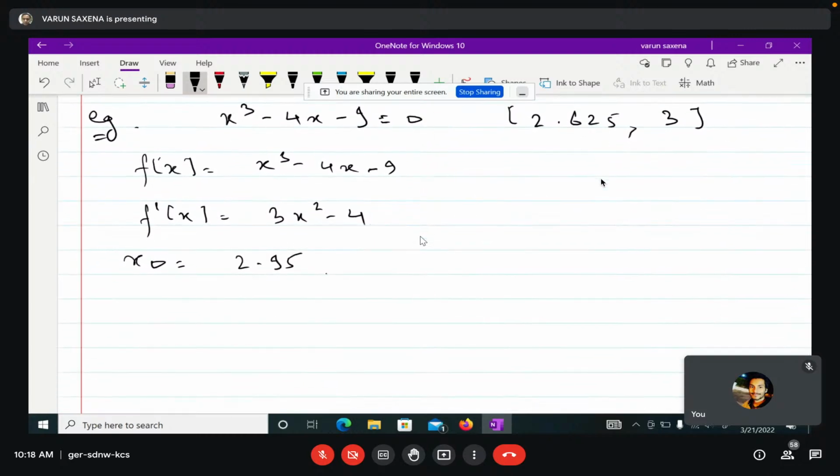If I choose this, then what is f(2.9), the value of the function at the initial assumption? I want people to tell me what this value is. And I want them to tell me what f'(2.9) is. These two values.